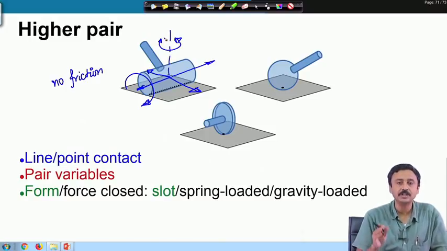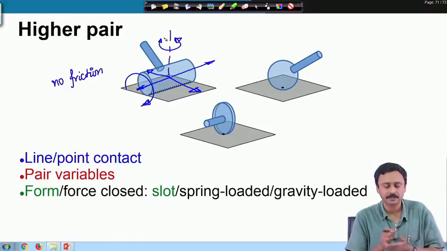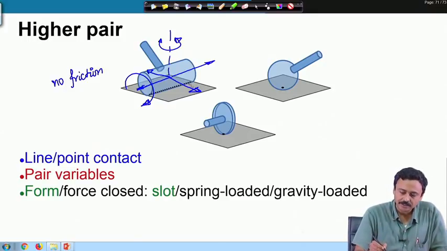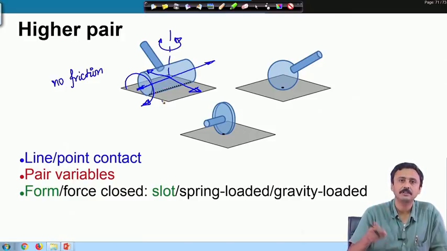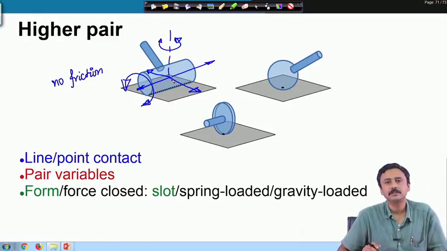Of course, we are considering that the contact is maintained under this assumption. So, it can translate in these 2 directions, it cannot translate in the vertical direction, the contact will be broken, and it can rotate about one horizontal axis and the vertical axis.